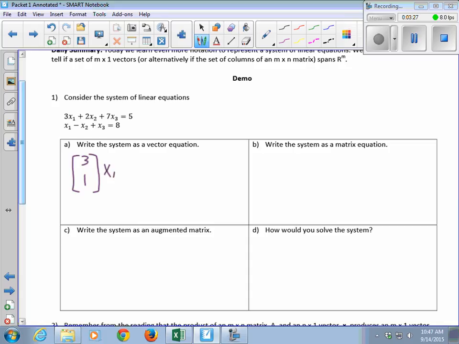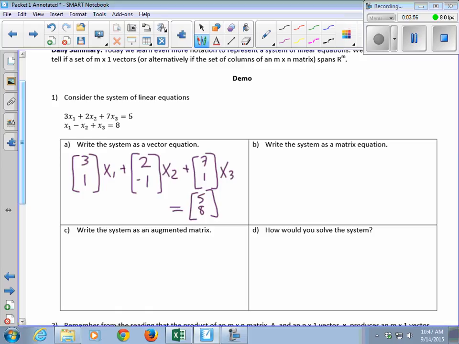Then similarly for x2, the coefficients 2 and -1 with x2, and for x3, 7 and 1 with x3, equals the vector 5, 8.